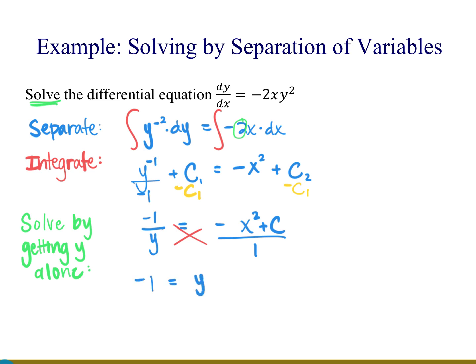And then it gives you y times the quantity -x² plus c. And when y is multiplied by a quantity, now you can actually get that y alone. And what do you do to get that y alone? It's division. So this would be -1 over the quantity -x² plus c, and that is where y is by itself. That algebraically is the correct way to solve that.